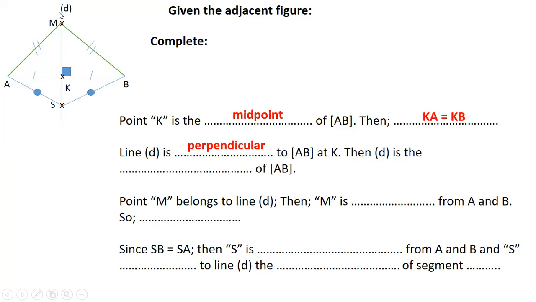Yeah. If it is perpendicular and passing through the midpoint, it becomes what? What does line D become for segment AB? It's perpendicular and passing through the midpoint. Then it's called what? What do we call the line perpendicular to the segment at the midpoint?